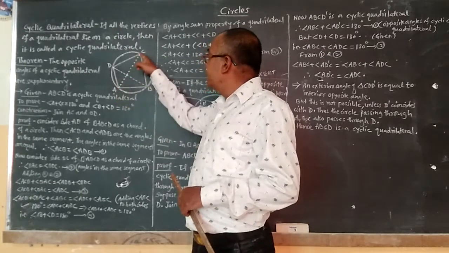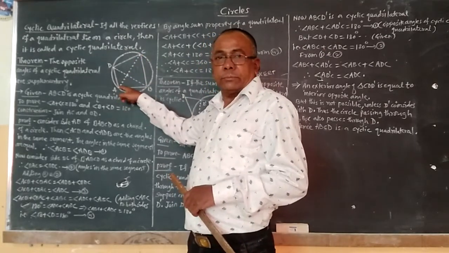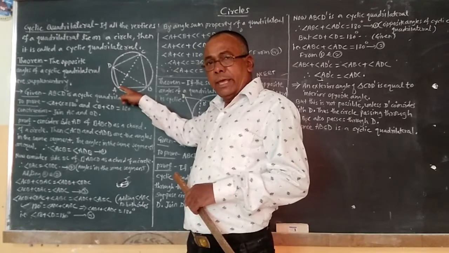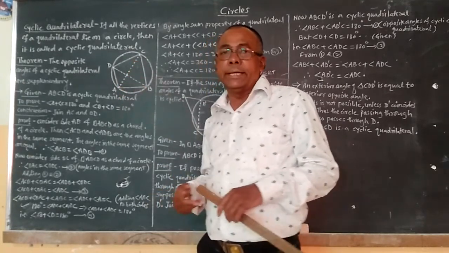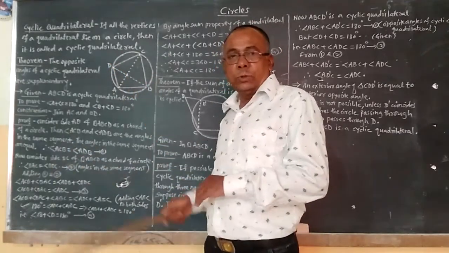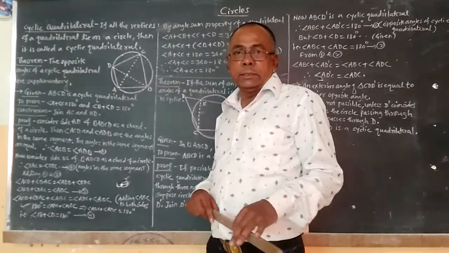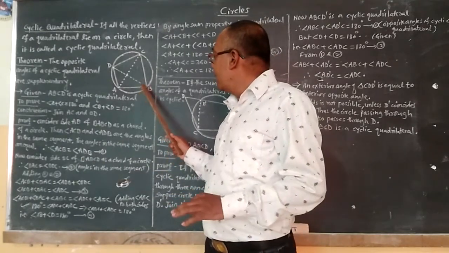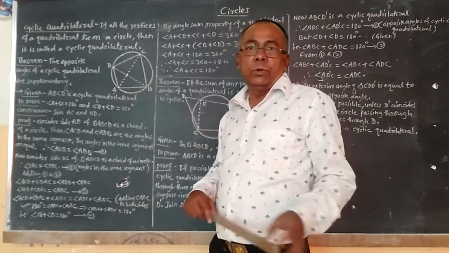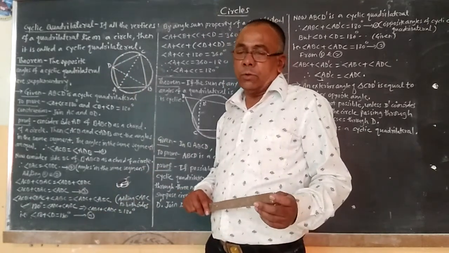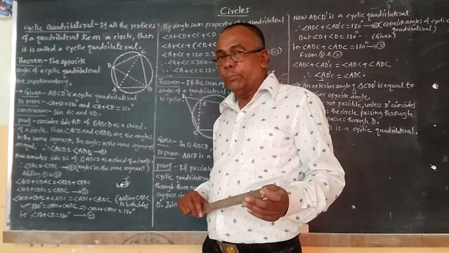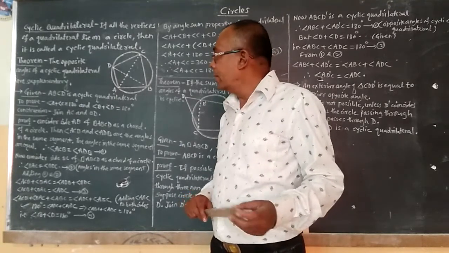Here A and C are the opposite angles, and therefore angle A plus angle C is equal to 180 degrees. Or B and D are also opposite angles, and therefore angle B plus angle D is equal to 180 degrees. Now we will study the theorem, and we will prove this property.